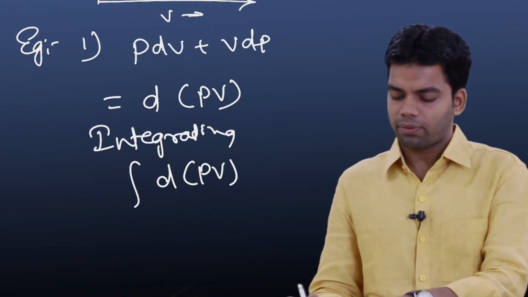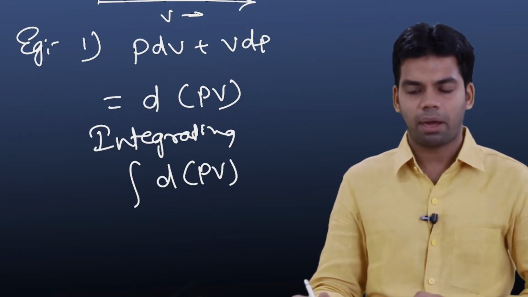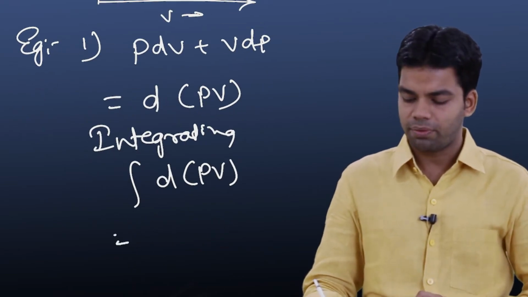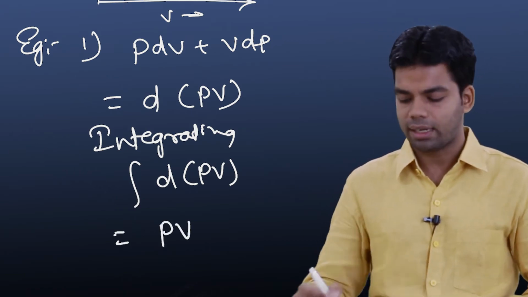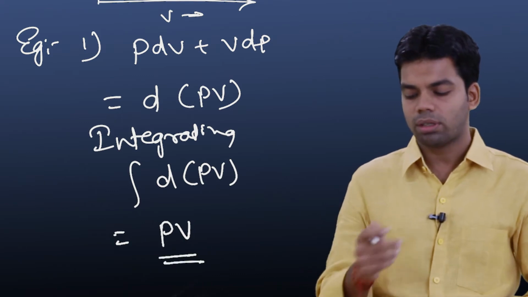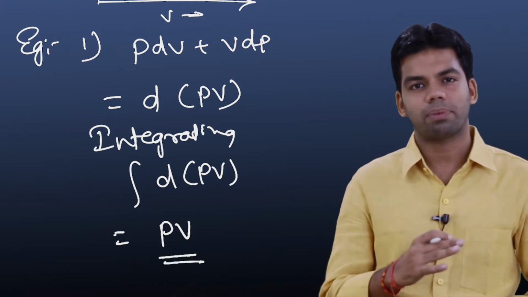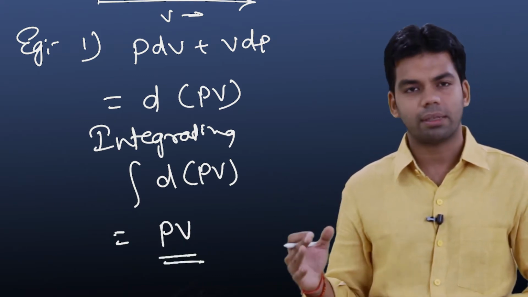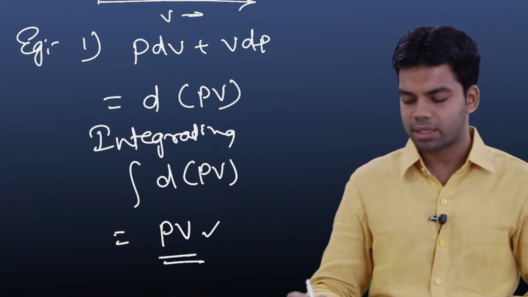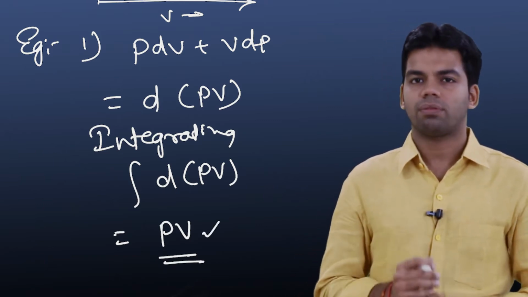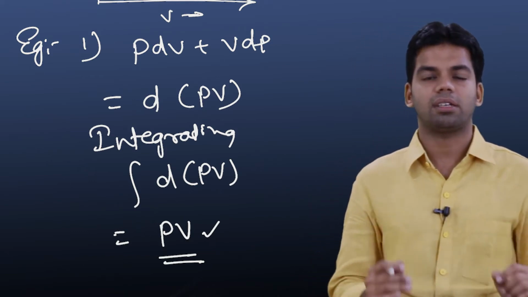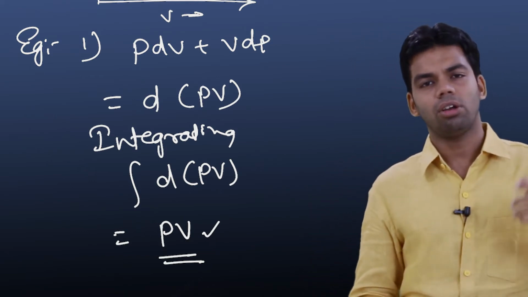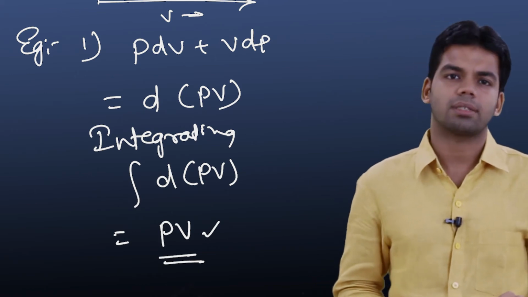Here I don't require any relationship between p and v. The integration of d of pv is directly equal to p into v. So without any relationship between pressure and volume, between the variables, we can integrate this between two points. For such a function we can say that the differential is exact, and hence it is a point function, and hence a property of the system.